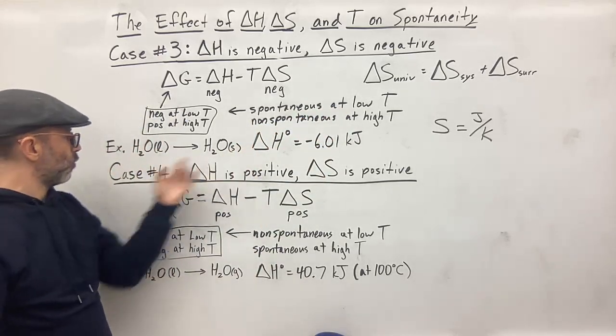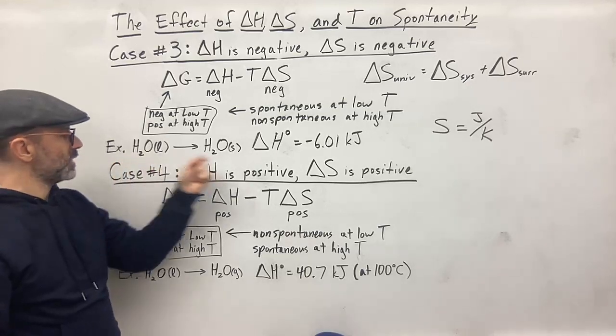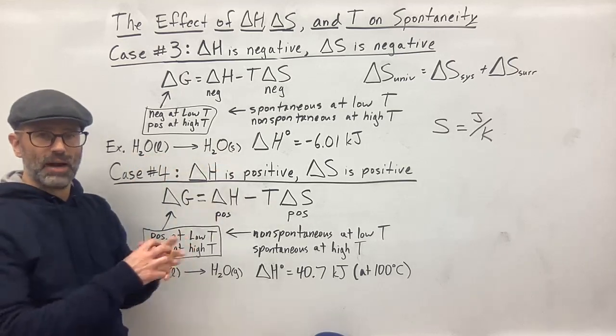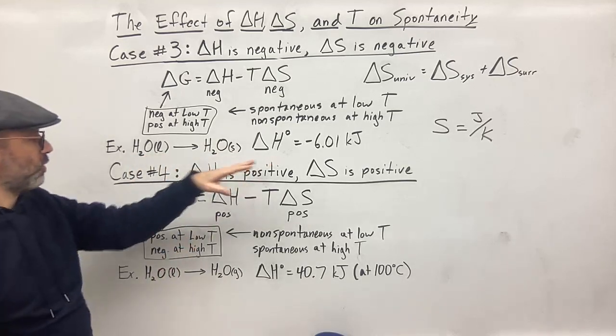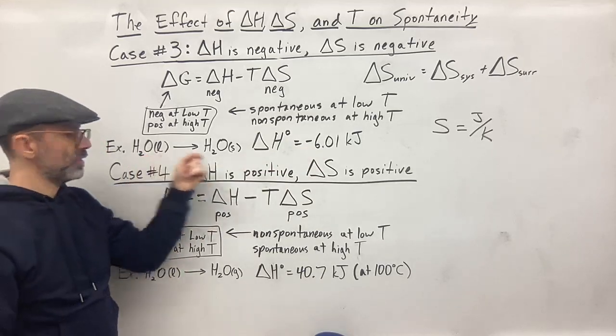And here's an example: the process of going from liquid to solid water, right? To go from a liquid to a solid, you have to remove heat from the water. So the delta H is negative. And you're going from liquid to solid.